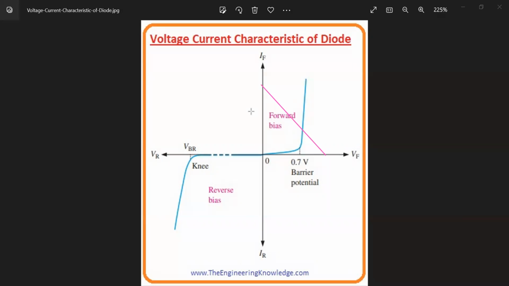That point is known as the Q point, the intersection point, which means if you are providing a diode in a particular circuit, the diode voltage would be nearly at this point, and the current through it, ID, would be here. That's how we find the current going through this diode in a particular circuit.